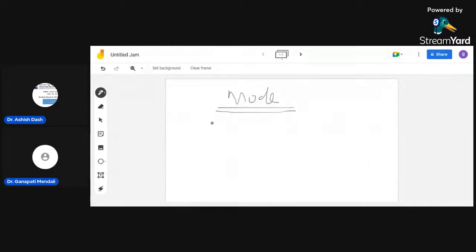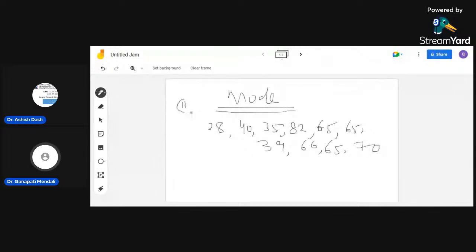Let us say 28, 40, 35, 82, 65, 65, 39, 66, 65, 70. If we count the marks, 1, 2, 3, 4, 5, 6, 7, 8, 9, 10, 11, there are 11 students' marks. Okay. So what is the mode here?